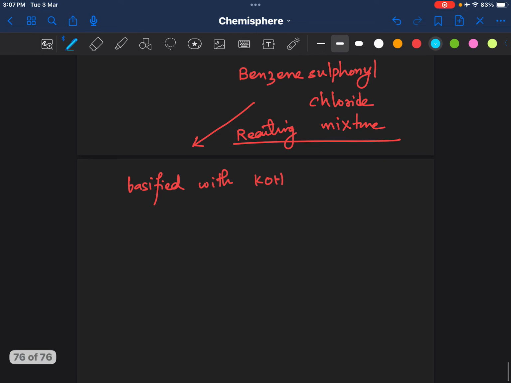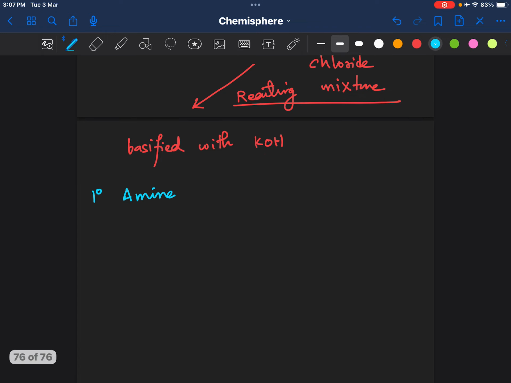For example, if you take a 1 degree amine, we have Hinsberg's reagent plus RNH2. This is a primary amine.